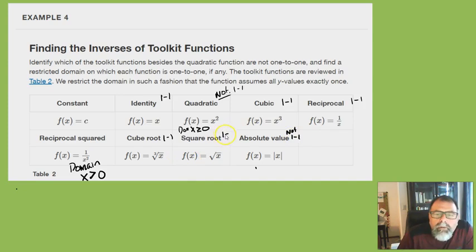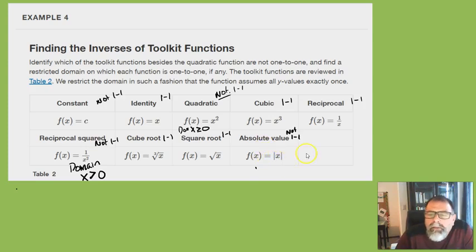This one was one-to-one. Not one-to-one. And then again, you'd have to restrict it to a single point. So typically we want to do that one. And then this one is not one-to-one. So you're going to restrict it to either greater than 0 or less than 0, again, depending on what you want for your inverse function.